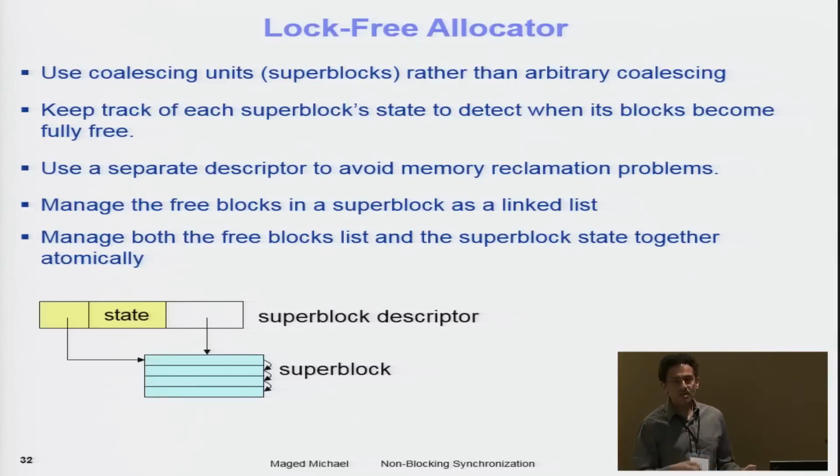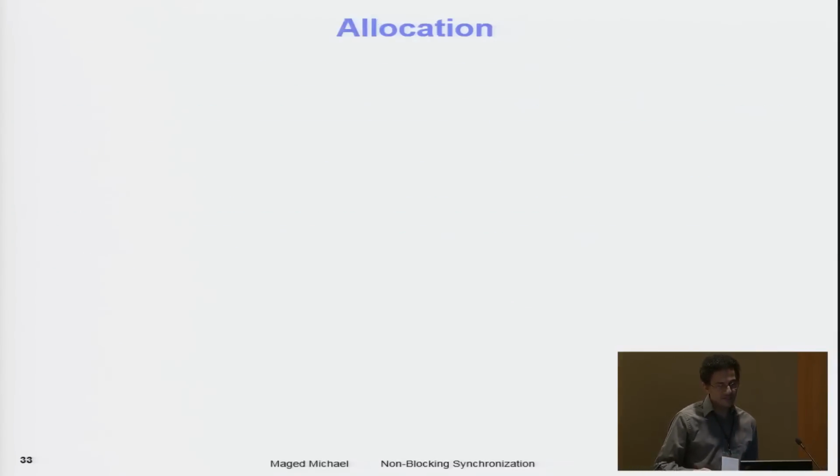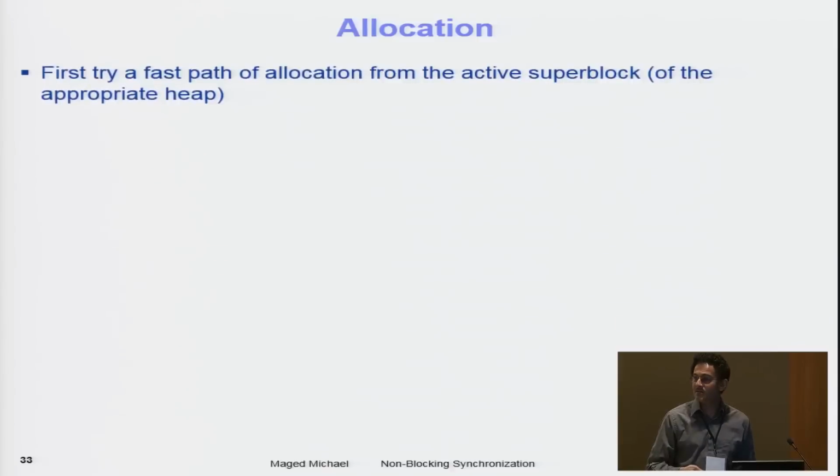So all these have to be managed in a lock-free manner. For allocation, there's a fast path: I'm a thread, where's my heap? I might be sharing with other threads, but we're unlikely to collide if we have so many other heaps for other threads to use.